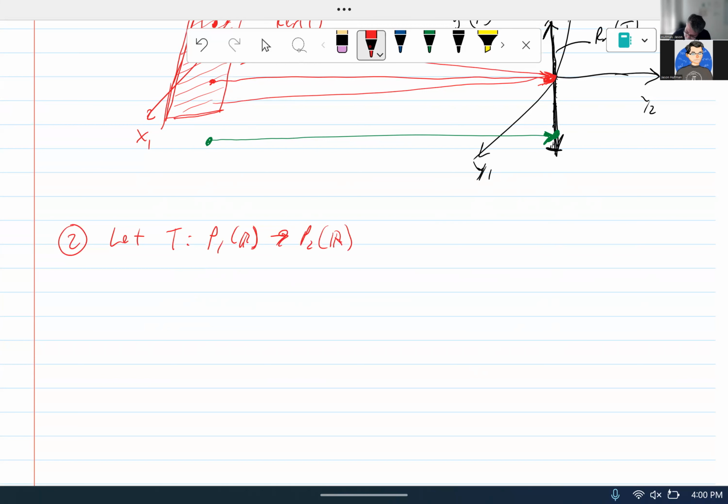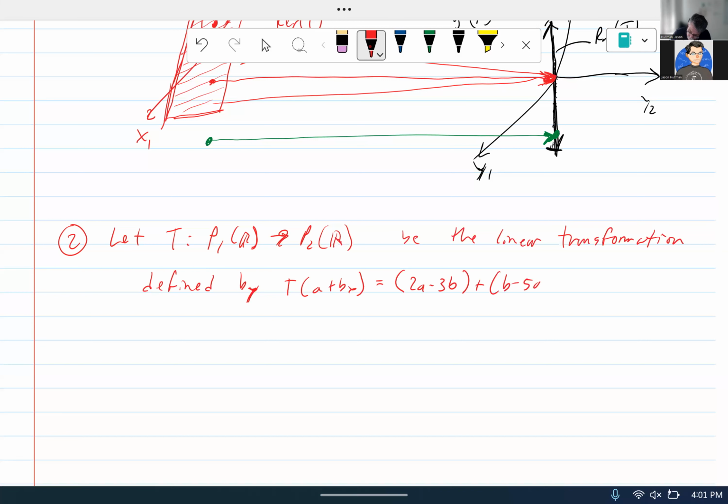Okay, B, the linear transformation defined by T of A plus BX equals 2A minus 3B plus B minus 5A X plus A plus B X squared.